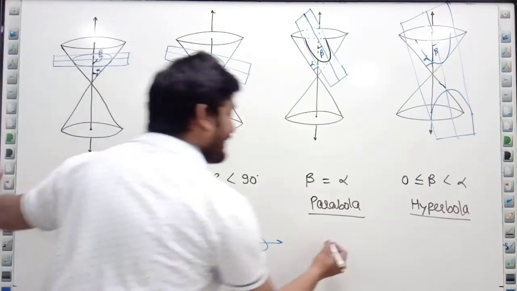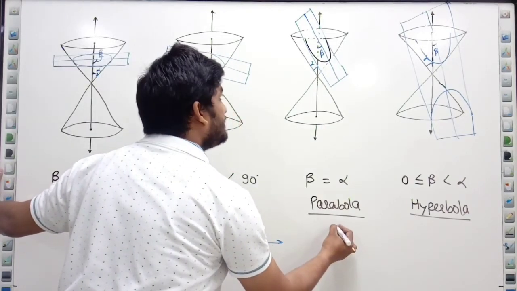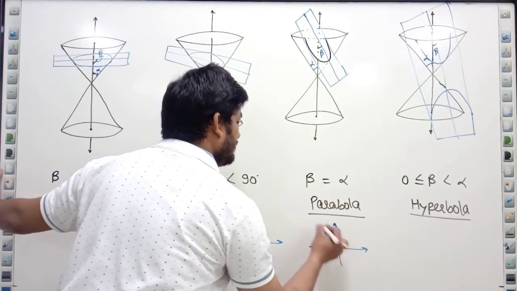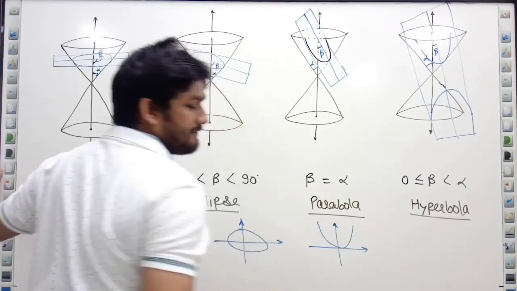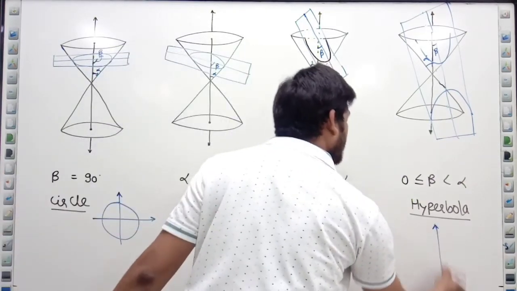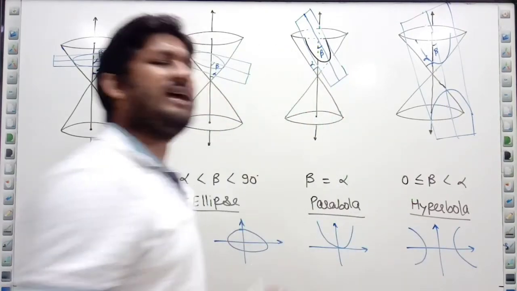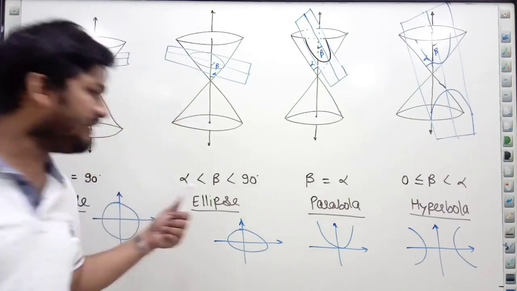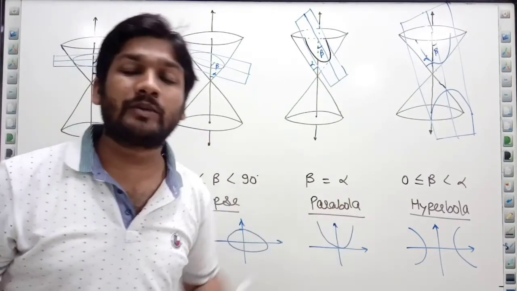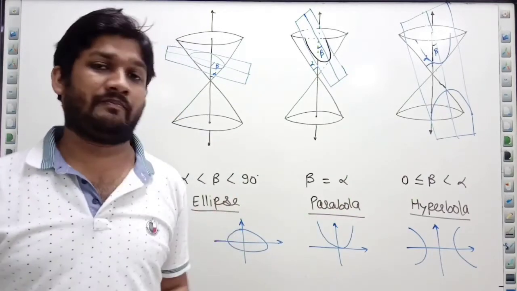Parabolic shape is generally like this, one of the parabolic shapes I have shown, and for the hyperbola, one of the hyperbolas I am showing. Circle, ellipse, parabola, hyperbola, this is how these shapes are formed.